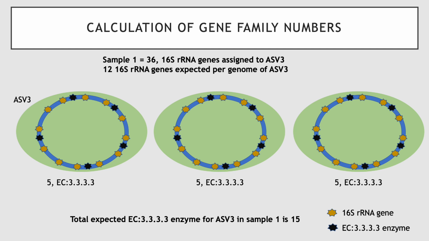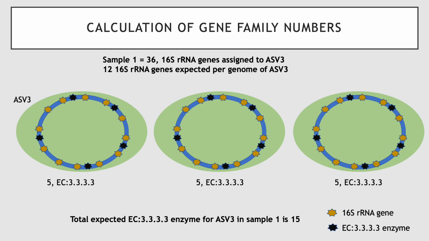And if we've got 36 total rRNA genes in sample 1, then we should have 3 cells of ASV3, okay, where the 16S genes are the gold stars.